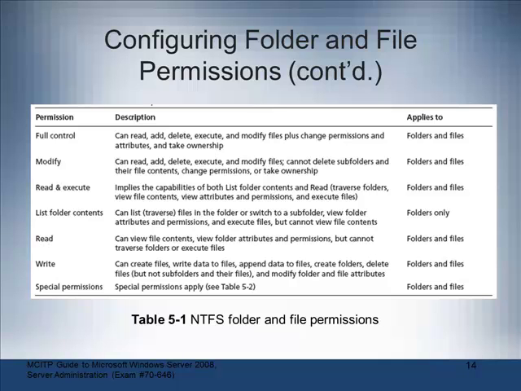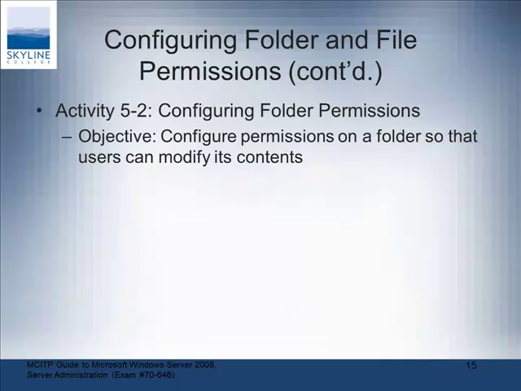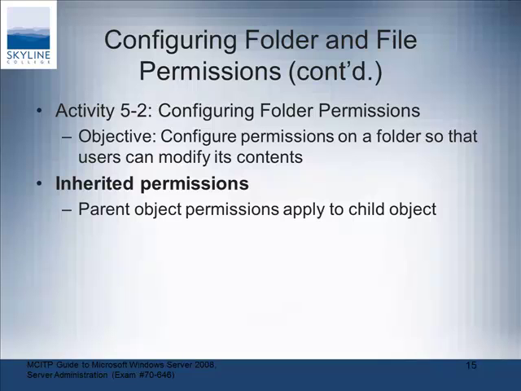If I click on write, it automatically puts a checkbox in the read permission also. If you click full control, it checks all of the boxes. Inherited permissions and parent object permissions apply to the child object. The way you get your original permissions is from the root.